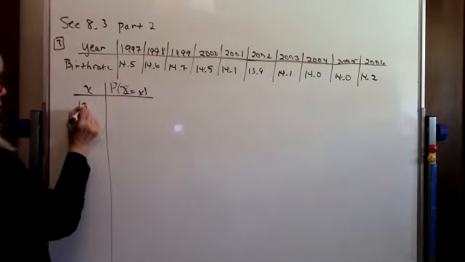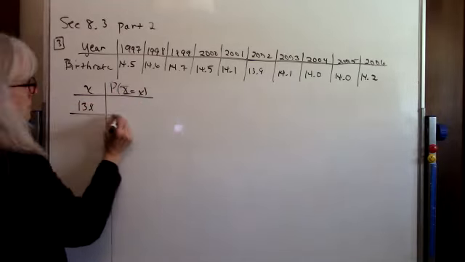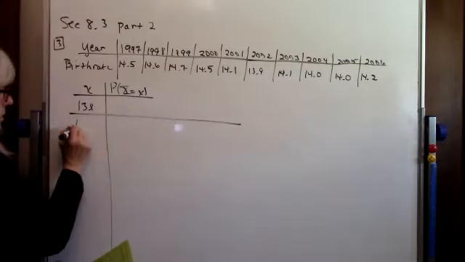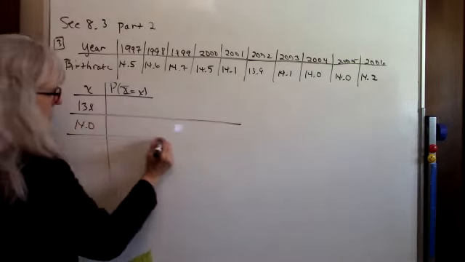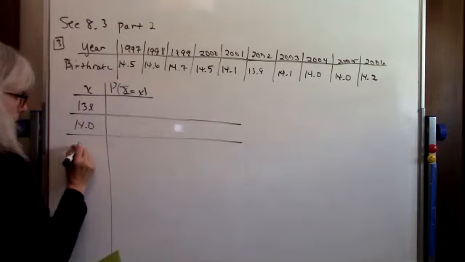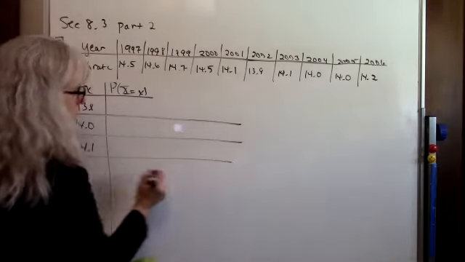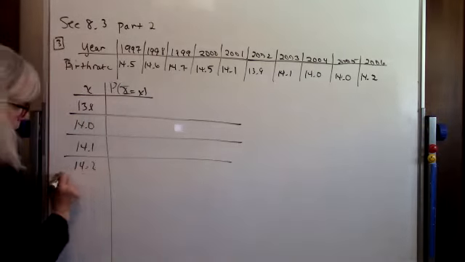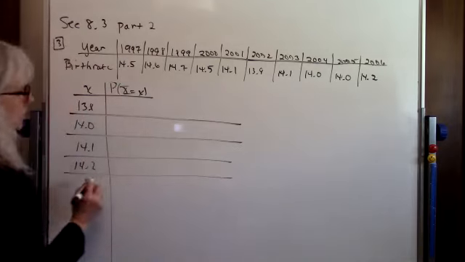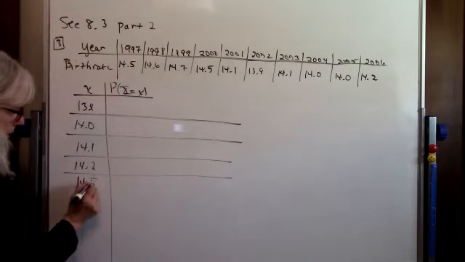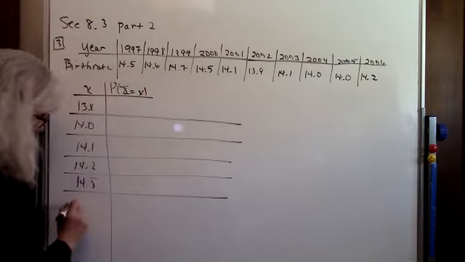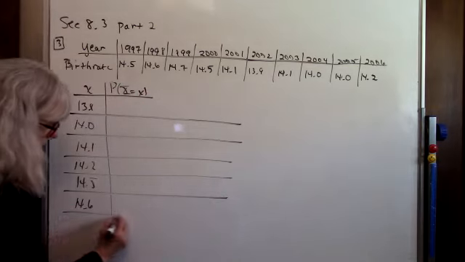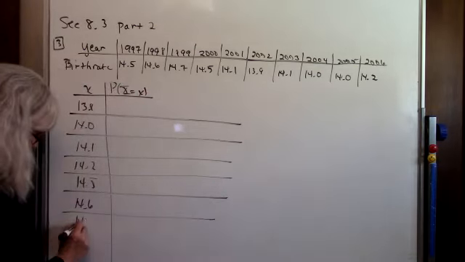We said 13.9 is the first one, and we had 14.0, 14.1, 14.2, no 14.3 or 14.4, but there's a 14.5, a 14.6, and the 14.7.